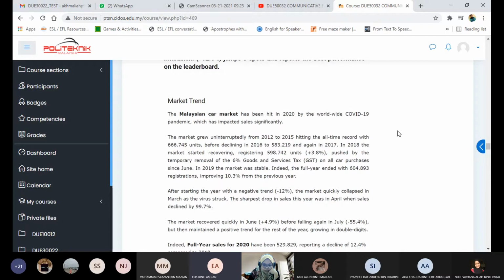In 2018, the market started recovering, registering 298.7 542 units, plus 3.8%, pushed by the temporary removal of the 6% goods and service tax (GST) on all car purchases since June.